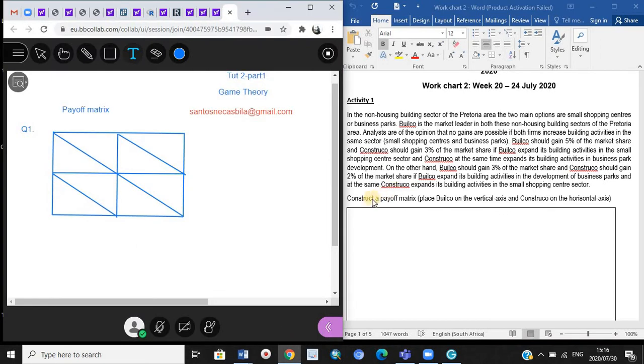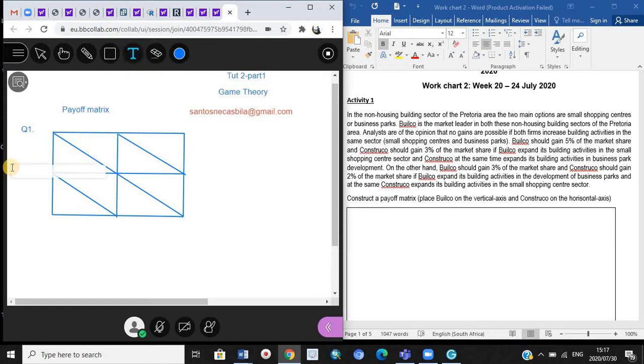As you can see, our task is, first of all, to construct a payoff matrix. It says that you have to place Bilko on the vertical axis and Constructor on the horizontal axis. So let me do that.